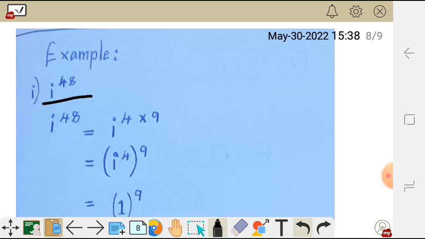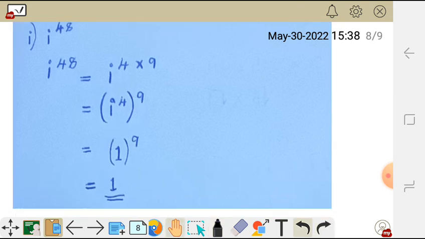So i to the power 48 is the same as i to the power 4 times 9. And we know that i to the power 4 is 1. So 1 to the power 9 will be just 1, meaning i to the power 48 is the same as 1.